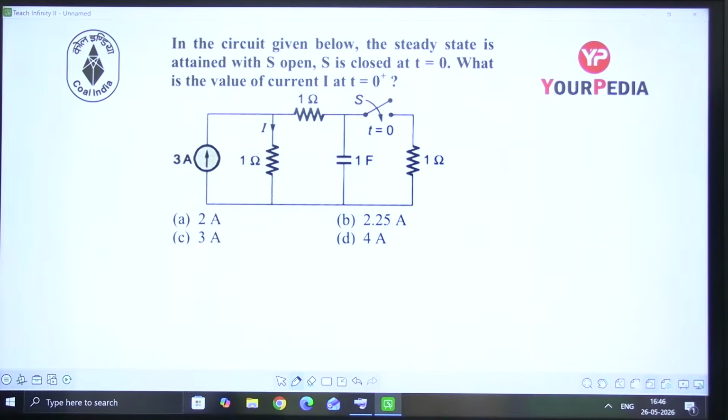What is it saying? In the circuit shown below, the steady state is attained with the switch S open.